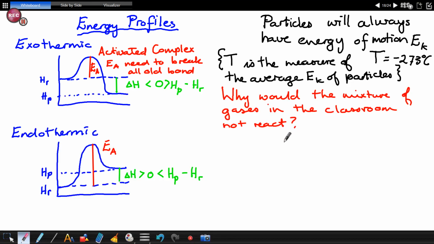If you look at what we've got on the screen, why do you think there will be no chemical reaction? What is needed for a chemical reaction? High temperature.